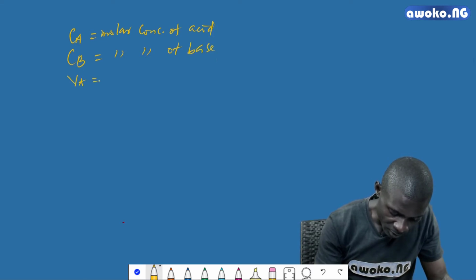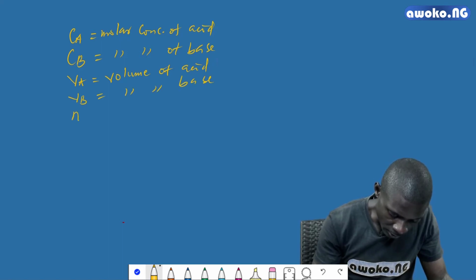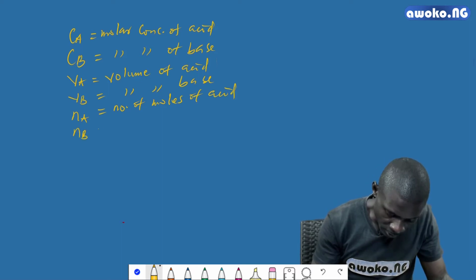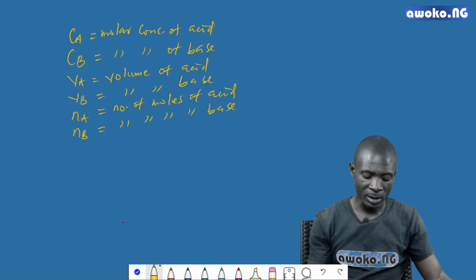VA is the volume of the acid, while VB is the volume of the base, while NA is the number of moles of acid, while NB is the number of moles of base. That is what each item in the formula represents.